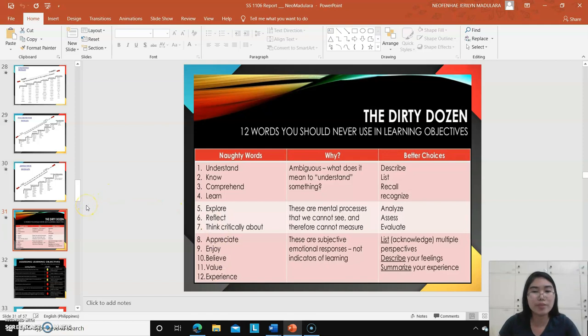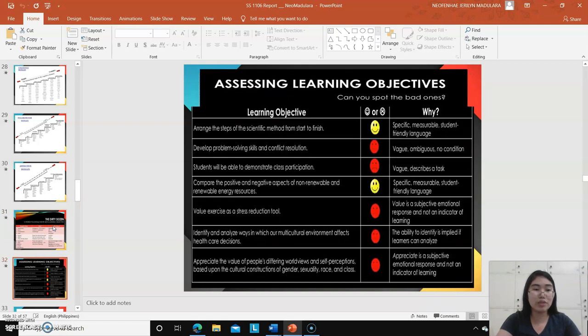So we need to say it's measurable because there's concrete evidence. They could have an exhibit composed of different Filipino delicacies and Filipino materials that are essential, which are concrete evidence of learning.